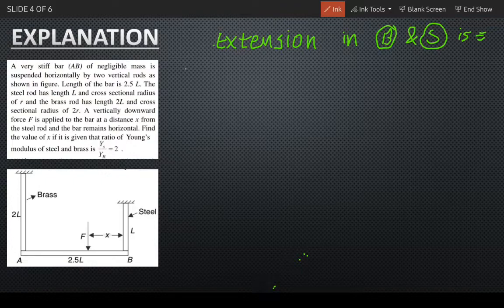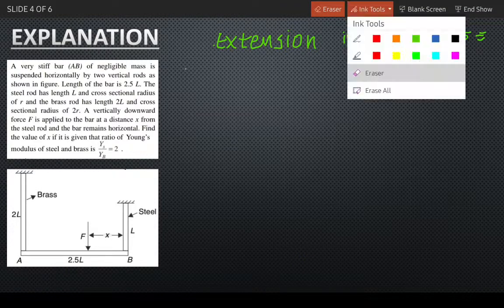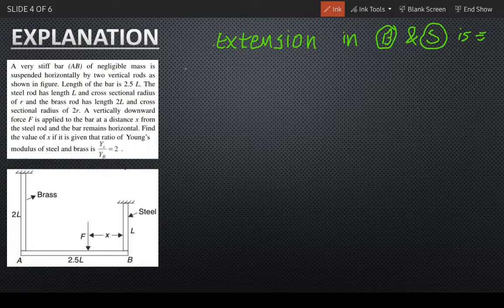From the formula for finding the extension, we will use the Young's modulus. As we know, Young's modulus equals F by A upon del L by L, which also has another form, sigma upon E.